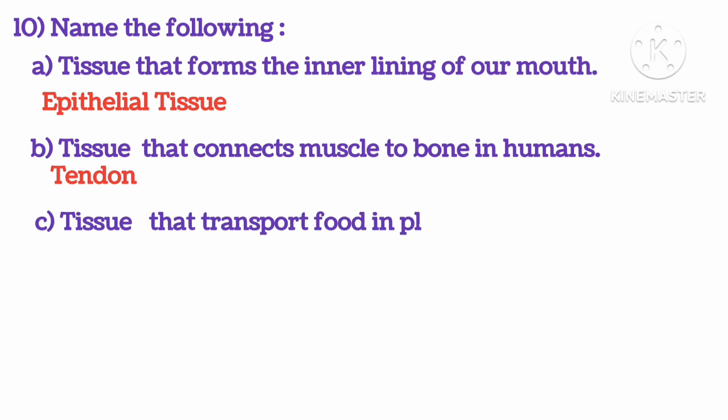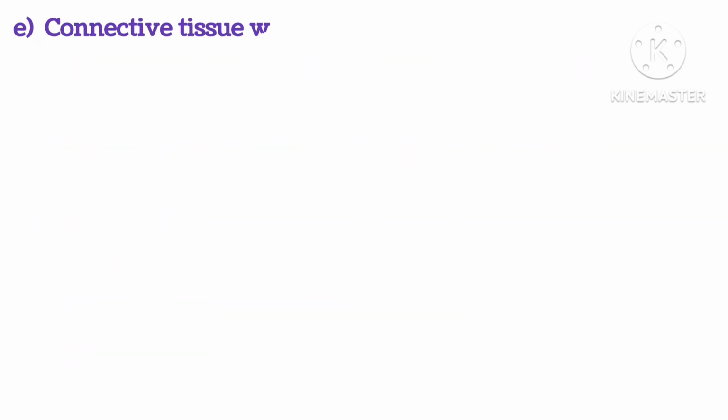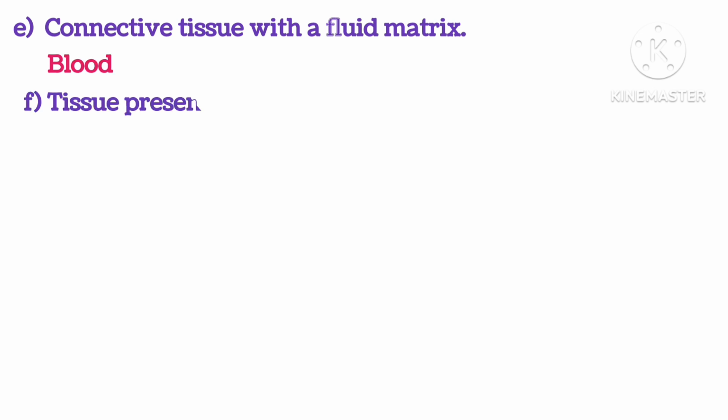The tissue that transports food in plants: the answer is phloem. The tissue that stores fat in our body is adipose tissue. The connective tissue with a fluid matrix is blood, and the tissue present in the brain is nervous tissue.